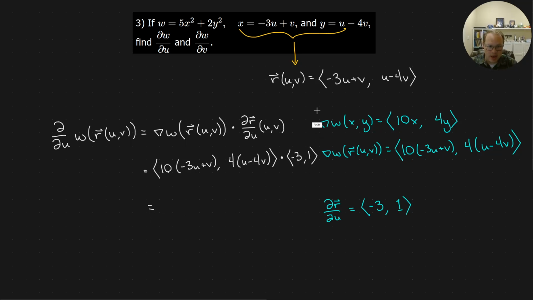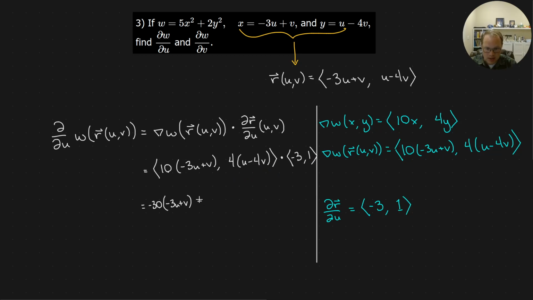And I'm going to get, let me visually separate these, first component times first component. That negative 3 will multiply this 10, and I'll get negative 30 times negative 3u plus v. And then second component times second component, I'll get 1 times this, which will just leave this the same.